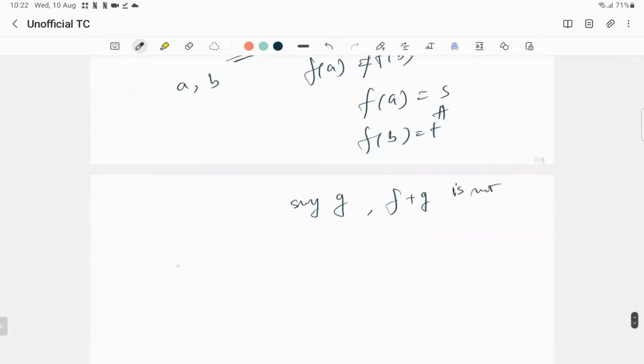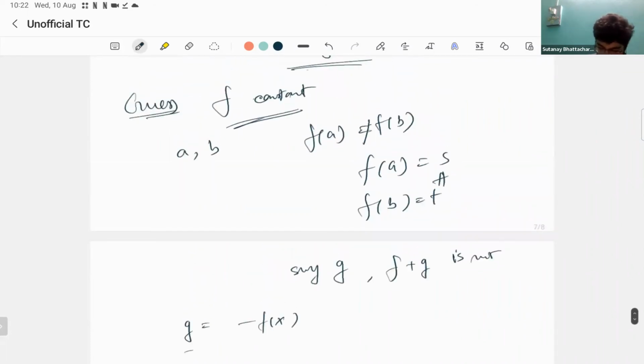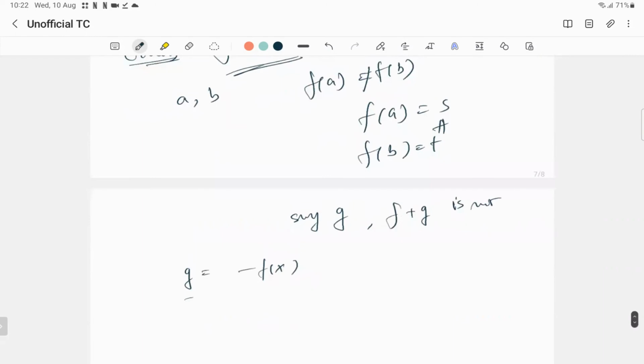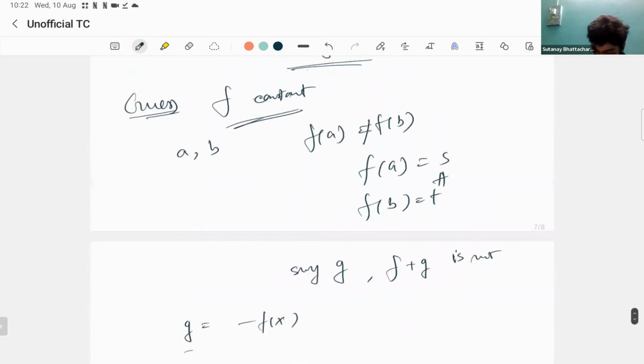If g is equal to minus f of x. Why would g be surjective? We don't know if f is surjective. We are considering it to be surjective. Sure, that tells you the special case that f is surjective, but in general we don't know if f is.